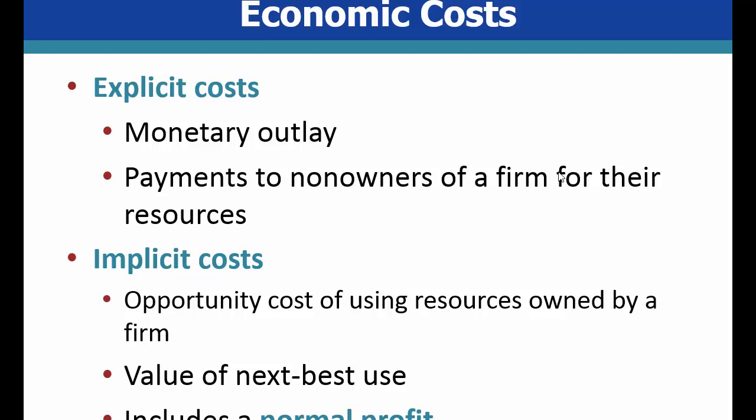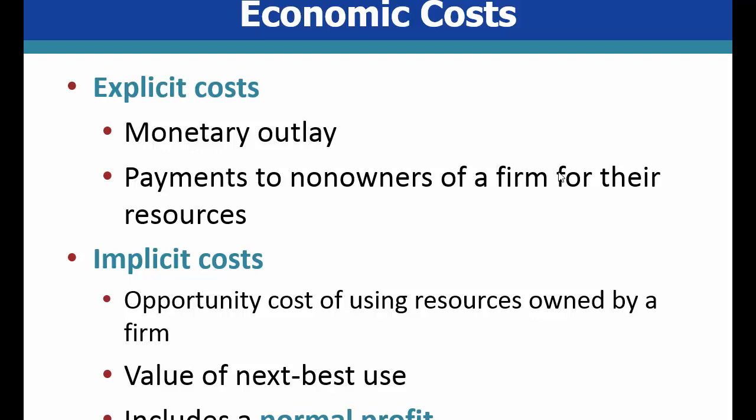If I'm going to use that building now to house my flower shop, my fictitious flower shop, then I'm going to be giving up my rental income that I would be bringing in. So an example of an implicit cost is the $500. I could be bringing that in, but because I'm using my own resources of my land, then I'm going to give that up. So these are things that we have to consider.